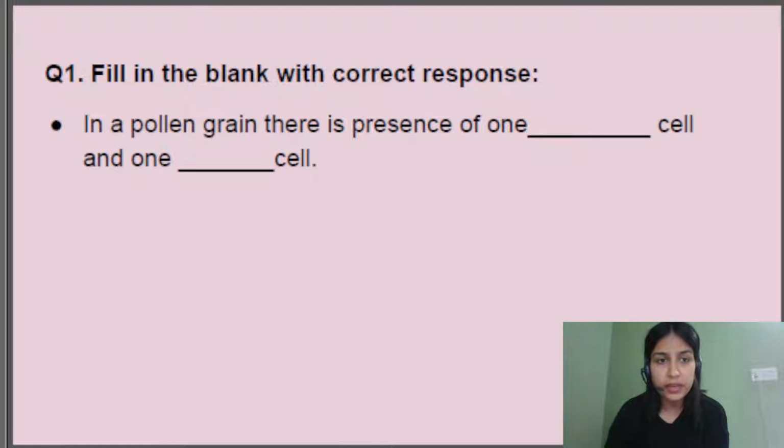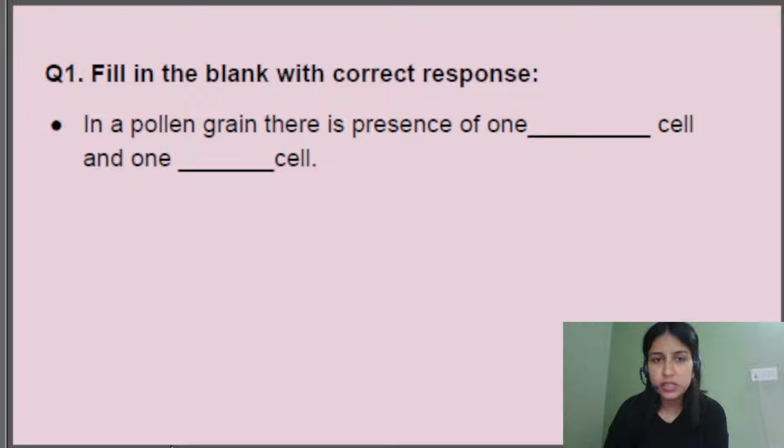Now you have this blank as well to answer. That is, in a pollen grain, there is presence of one dash cell and one dash cell. Now I hope it is pretty easy for you to answer these two blanks. Yes.